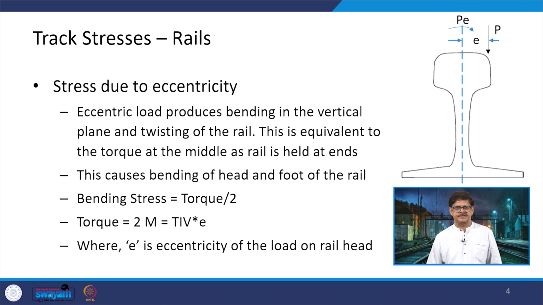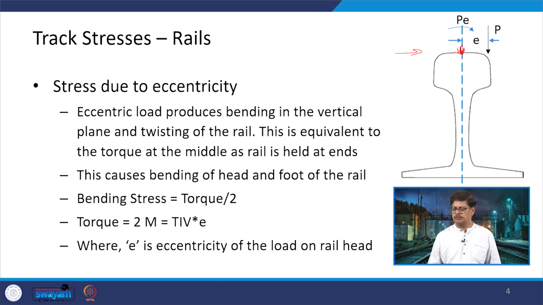Starting with the eccentricity. Now, the stresses caused due to the eccentricity, if you understand that eccentricity here on the right hand side, a diagram has been given. There, if the loads are all along the axis, then the load could have been at this particular point.